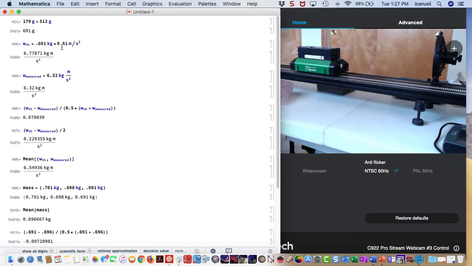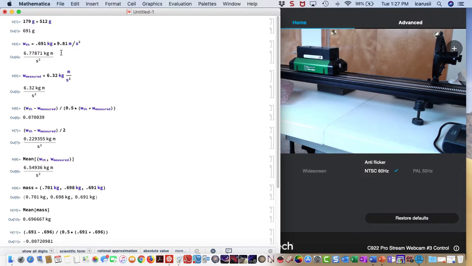I expect a weight by multiplying it by gravity: 0.691 times 9.81, which gives me 6.77 kilogram meters per second squared. So this is actually a newton, and I remind you that, assuming Newton's second law is true, F equals ma, the unit of mass is the kilogram.